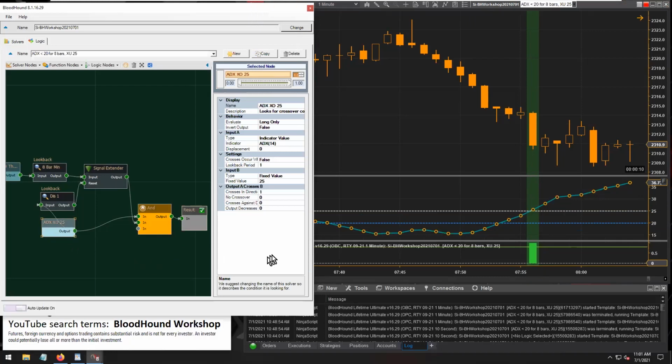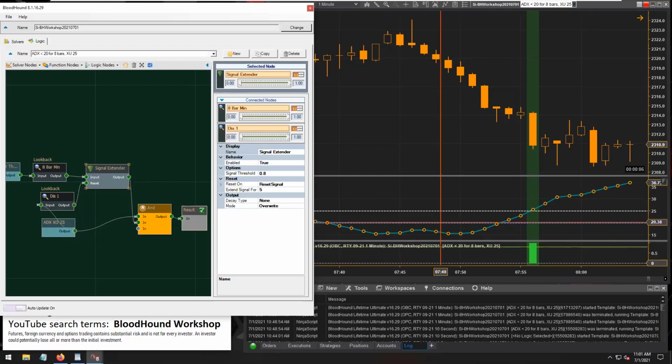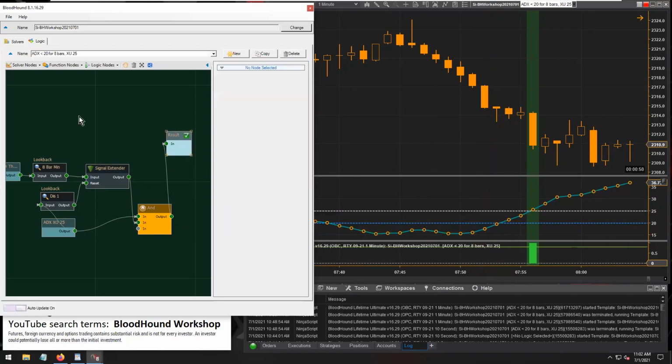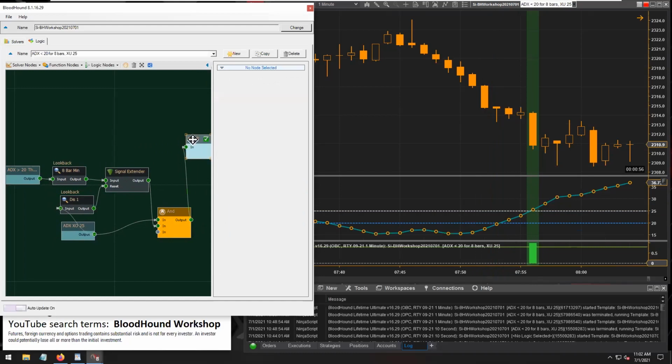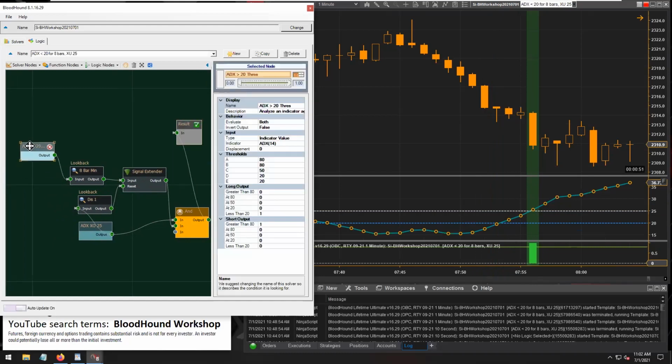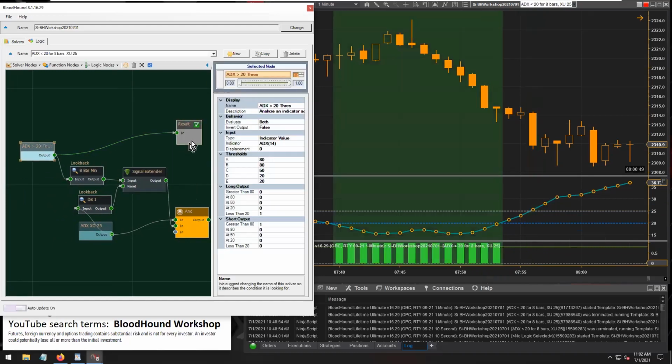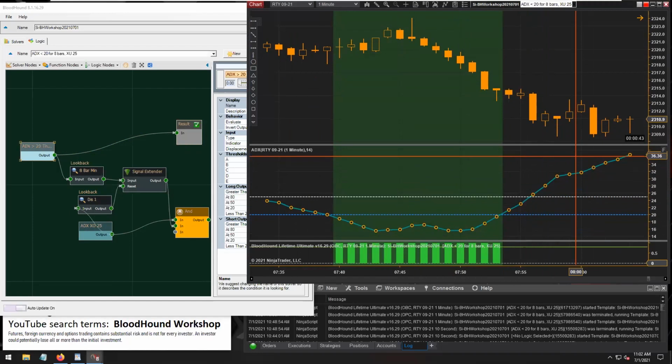So this was only generated for just the ADX going below 20. I began to set up the threshold solver so that we could get a signal if the ADX went up to 80 and then crossed down a level here.